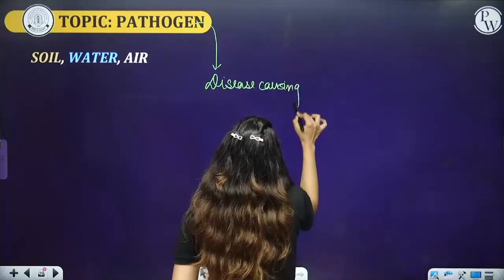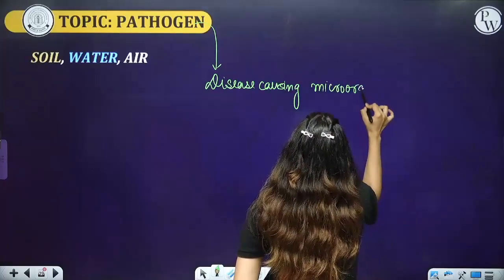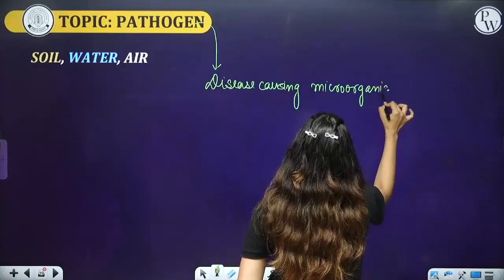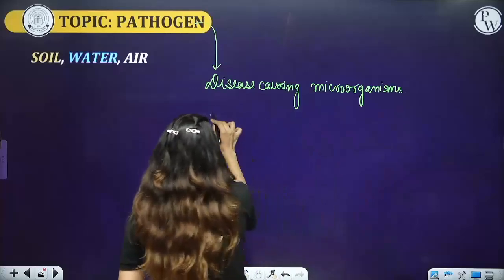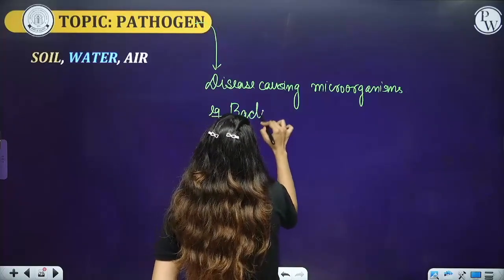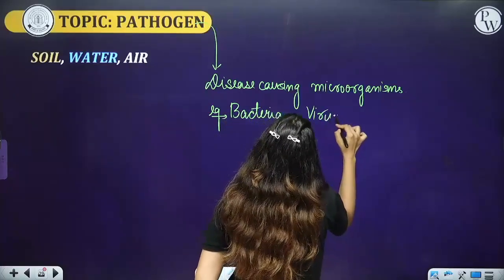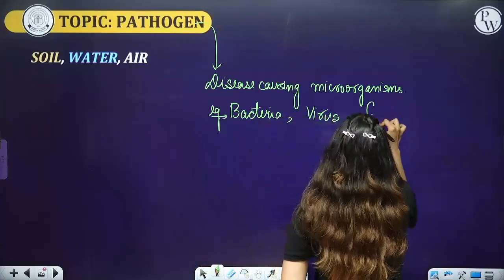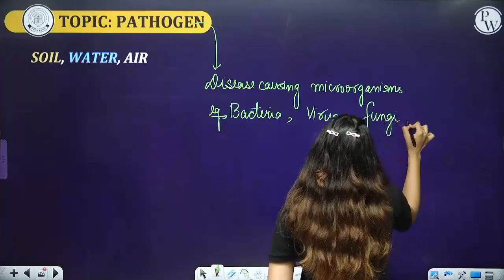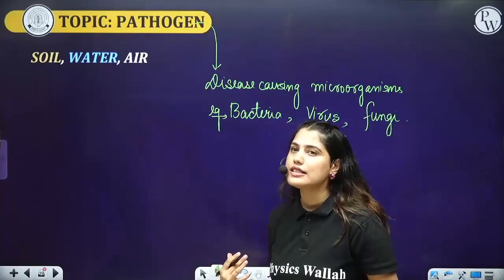What are the disease causing microorganisms? Bacteria, viruses, fungus. Yes, very good, right? So we have bacteria, we have a virus, we have fungus, right? All these microorganisms, they cause diseases, right? And where are these microorganisms?